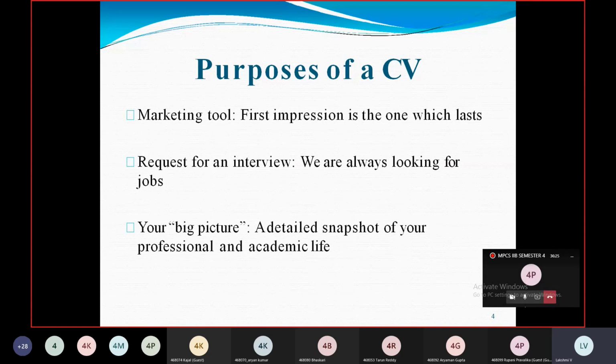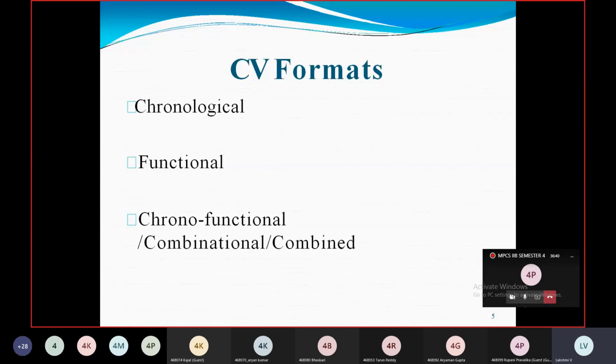In fact, sometimes it is impossible for us to explain or talk about ourselves in front of somebody else. That work can easily get done by this document. This projects the information in a proper and suitable way.